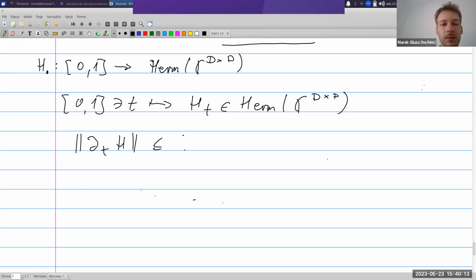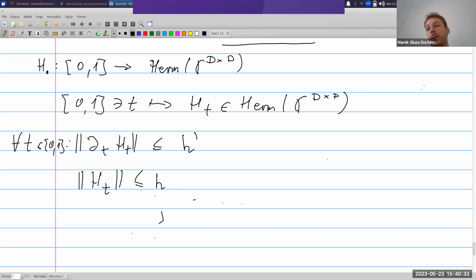Let me use H prime of t should be bounded by some constant, for example, for all t in 0, 1. Sometimes we would ask for those kinds of regularity conditions.